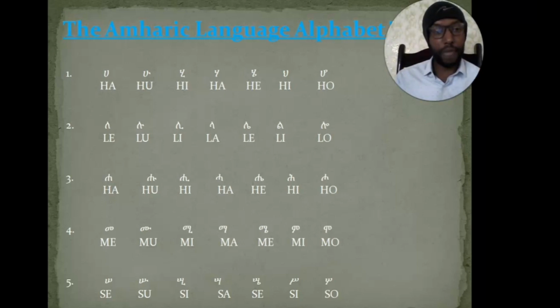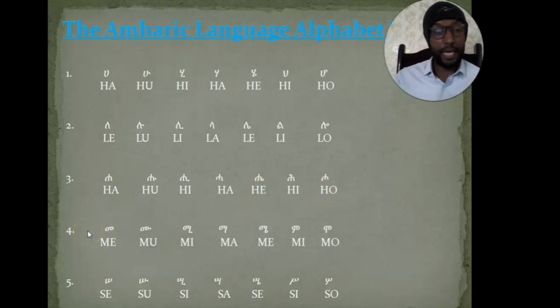Finally, I'll tell you how we can use them. But if you write them interchangeably, technically you are correct. So the third Amharic alphabet is called Ha, and its subgroups are Hu, Hi, Ha, He, Her, and Ho.